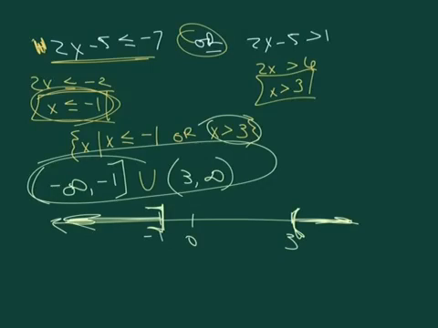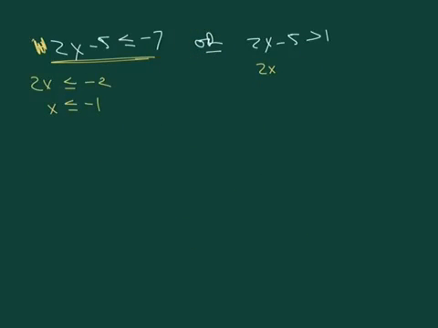Alright, so let's do some absolute values with inequalities and see how those go for us. Okay, so let's look at this. If we have the absolute value of x and we say that's less than 3, that means if we have a number line, there's -3, there's +3.